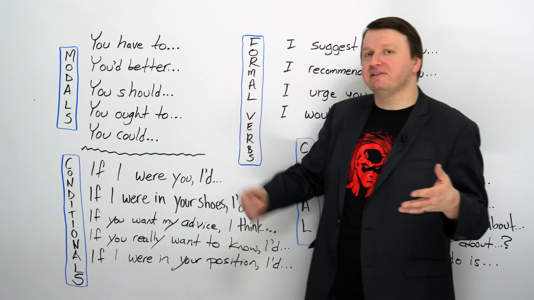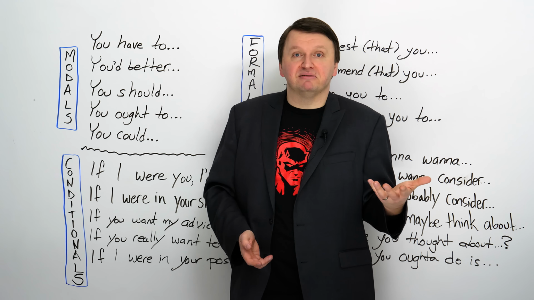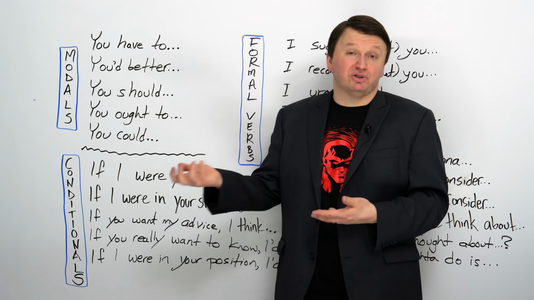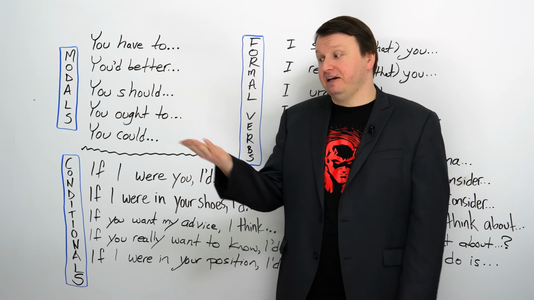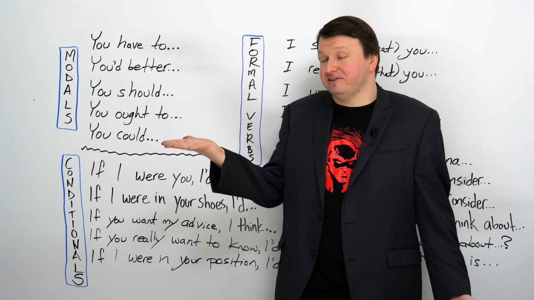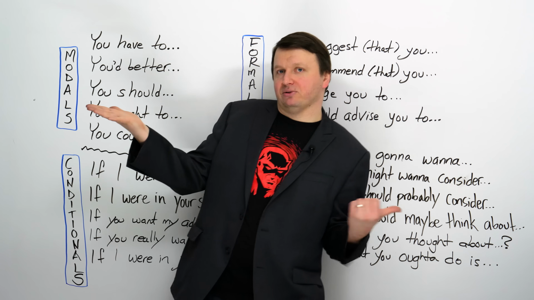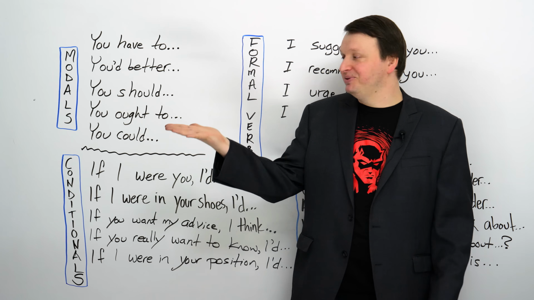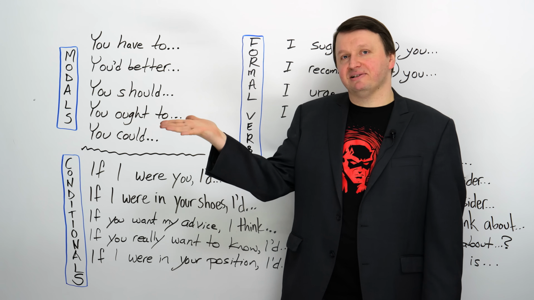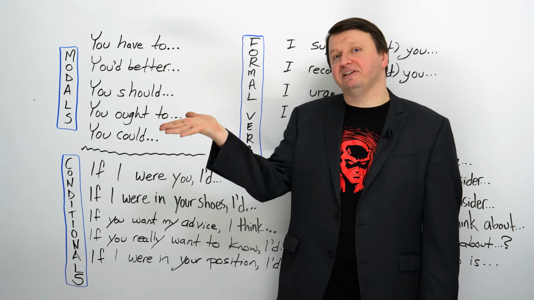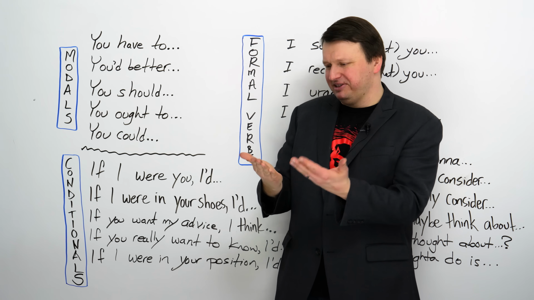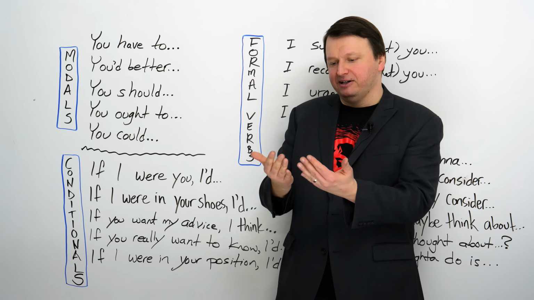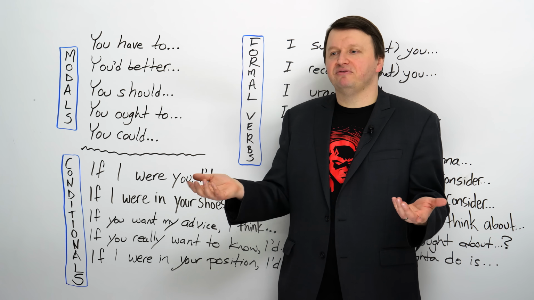All right, and then you could. So you could means, well, this is an option. I'm not saying you should. I'm not saying you have to. I'm saying, hey, have you considered this option? That's over there. We'll talk about that later too. So you could means like this is a possibility. This is an option. Like, I don't know what to get from the lunch menu. I don't know, like what do you feel like?